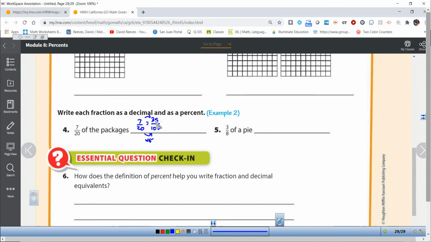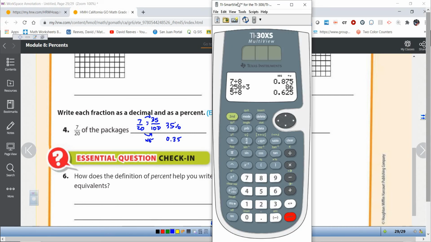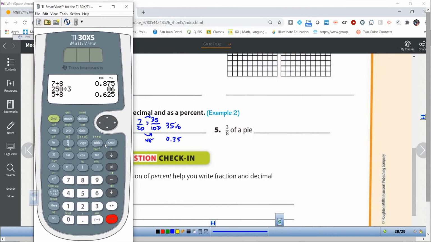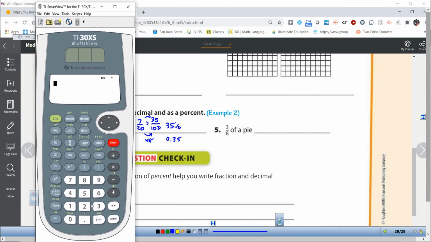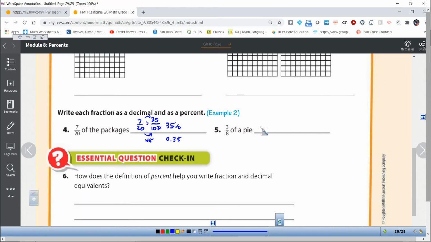So 7/20 is equivalent to 35 over 100, so that would be 35%, or 0.35. Again, 8's not going to go into 100 evenly, so I'm going to go to my calculator, and I'm going to do 3 divided by 8, because you can change any fraction into a decimal by dividing the numerator by the denominator.